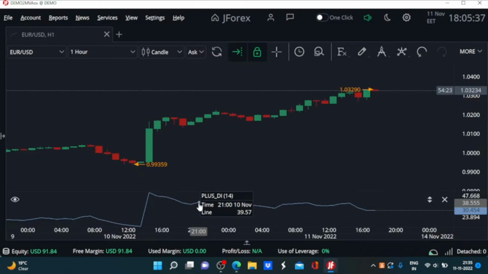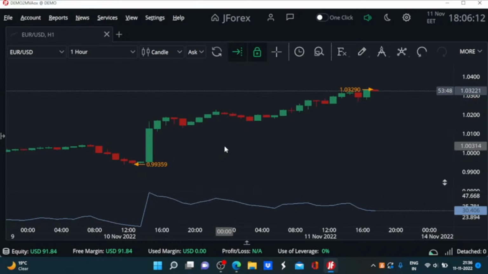In candle periods where the prior low is greater than the current low, in that kind of scenario, the DM is not calculated, positive DM is not calculated, instead we get the negative DM. So only when there is a significant price rise and the difference between the current high and previous high is greater than the difference between the previous low and the current low, only such candle periods are considered for the calculation of plus directional indicator.